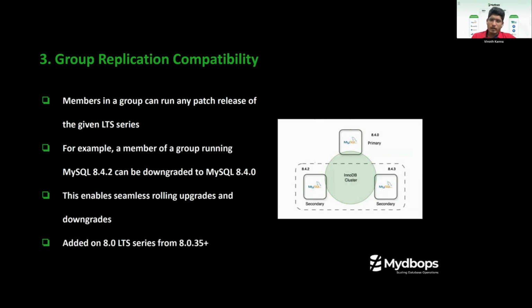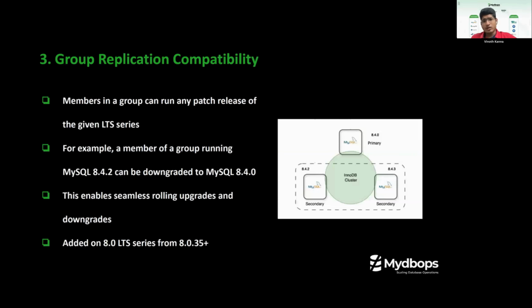So starting from 8.4, you can run with differing patch versions in an InnoDB cluster. Your primary can be of one version and secondaries can be of different versions. That doesn't matter.